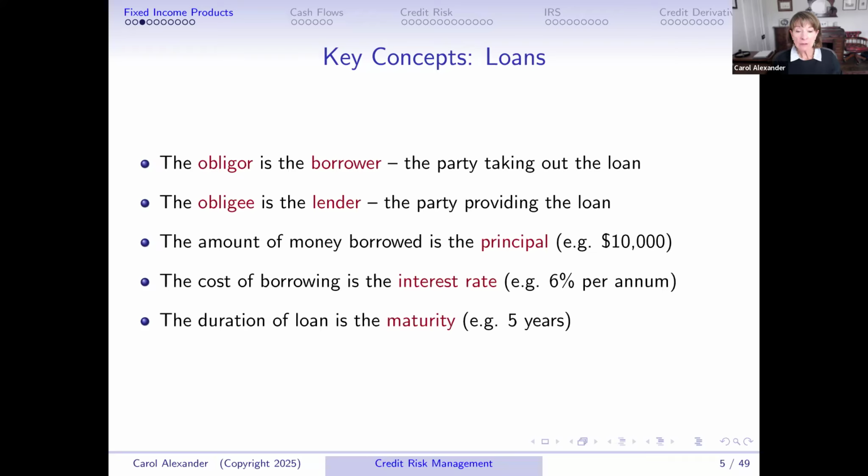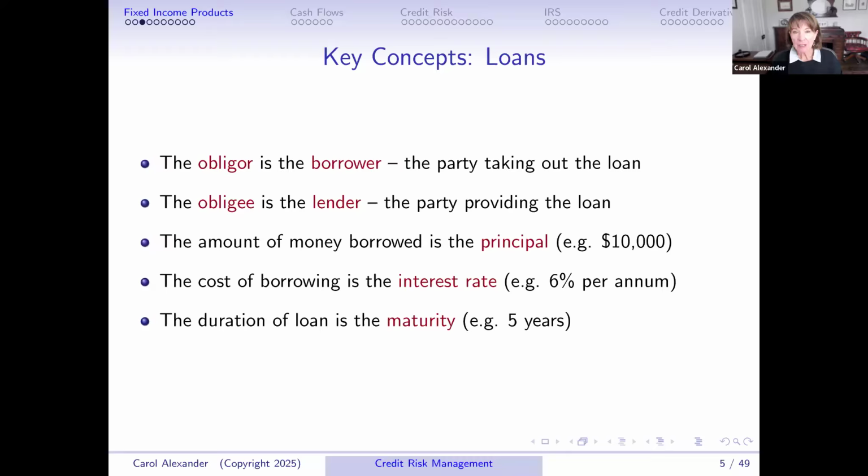The amount of money borrowed is the principal. Could be a small loan like $10,000. By the way, I always use dollars, even, well, sometimes I use pounds, but usually I measure things in dollars. It's a nominal amount. It's not a notional amount, it's a nominal amount. Nominal and notional are different.